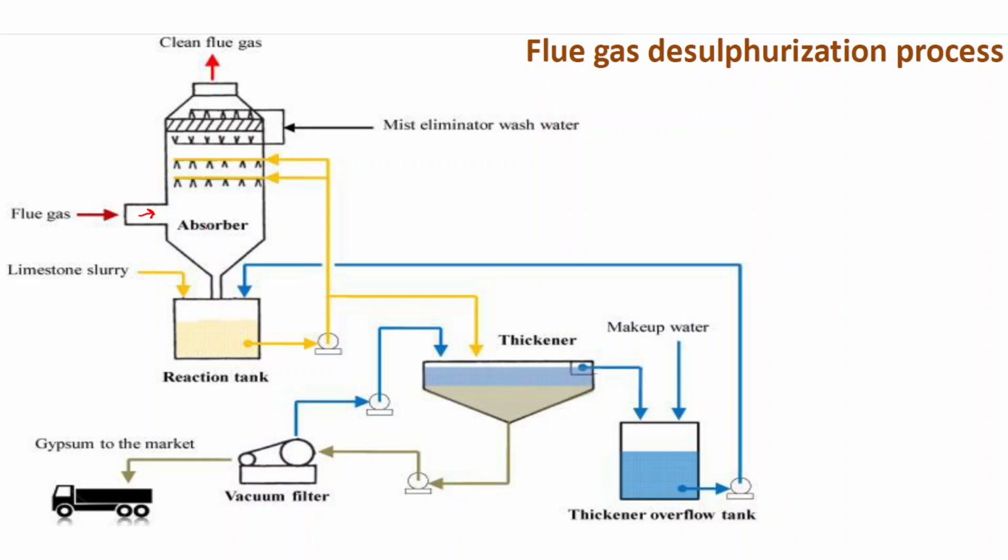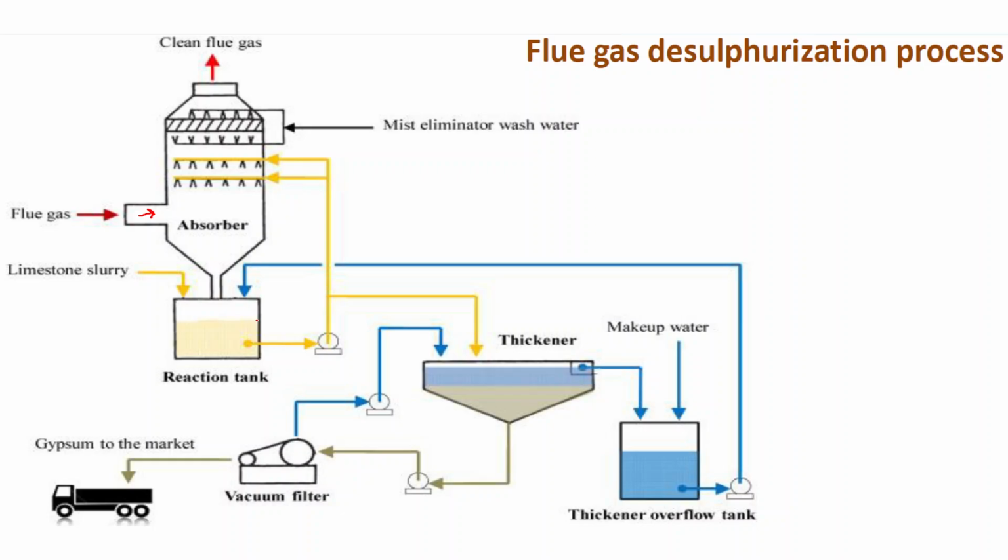After the usage of limestone in this reactor, it goes to the thickener where the limestone slurry thickens up and gets concentrated, and this is used again as gypsum. The water which is present is taken as makeup water for using the limestone slurry again.